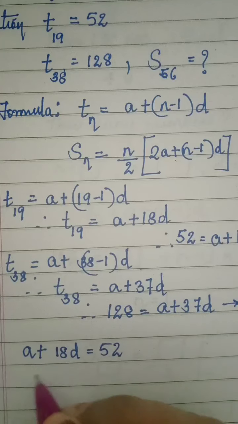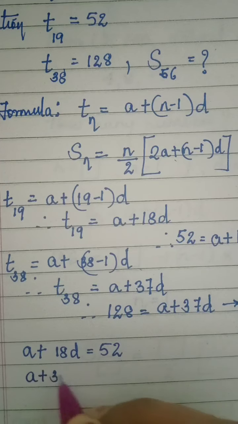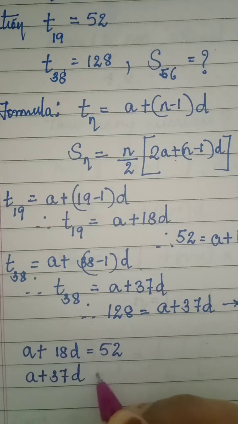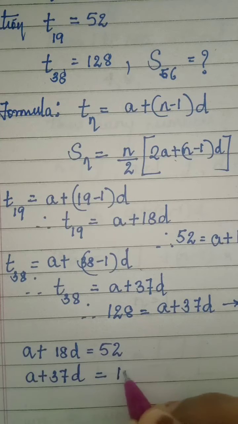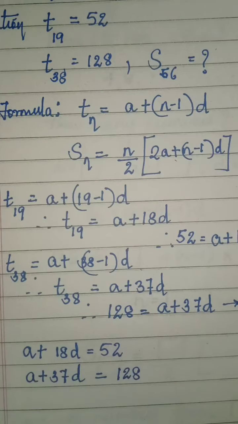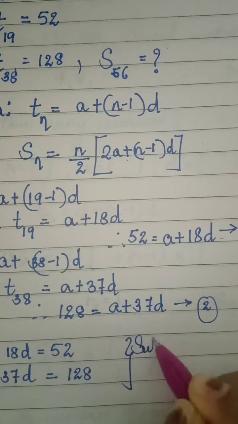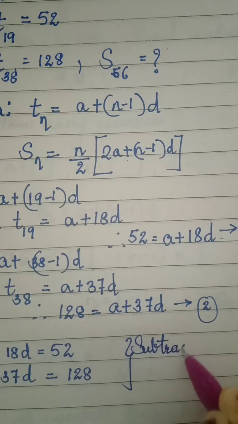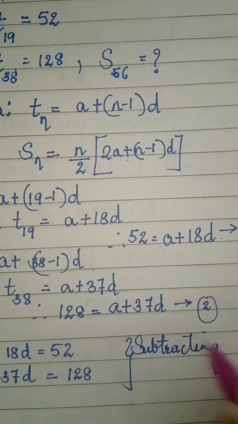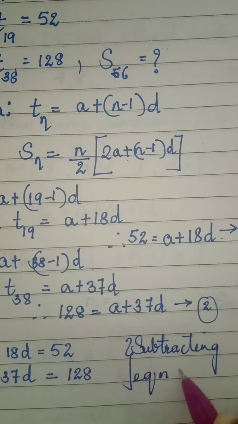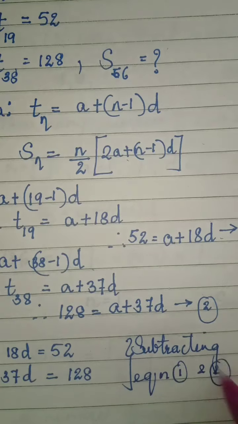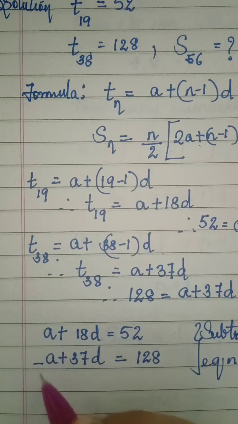And second one is A plus 37D is equal to 128. Okay. So subtracting equation 1 and 2. Minus.